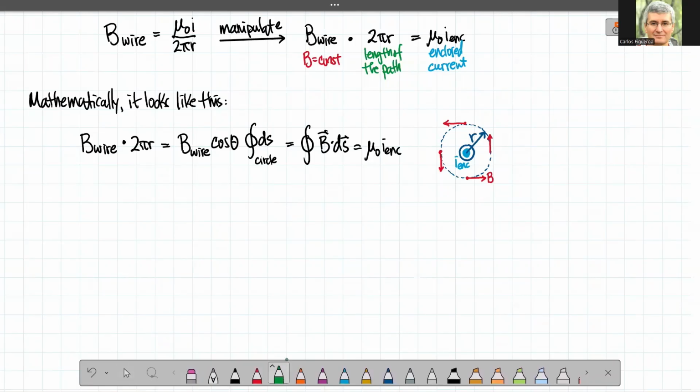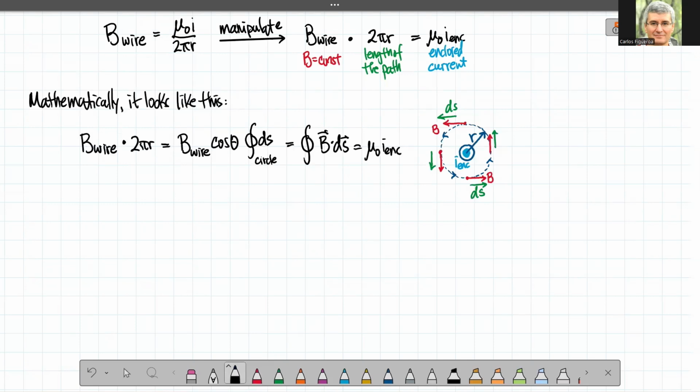You can see that my path in this case is going in that direction like this. I could pick my path here, where this is going to be my ds element. So that will be ds, and this will be B. So we're going around that loop. So picture-wise, that is Ampere's law.